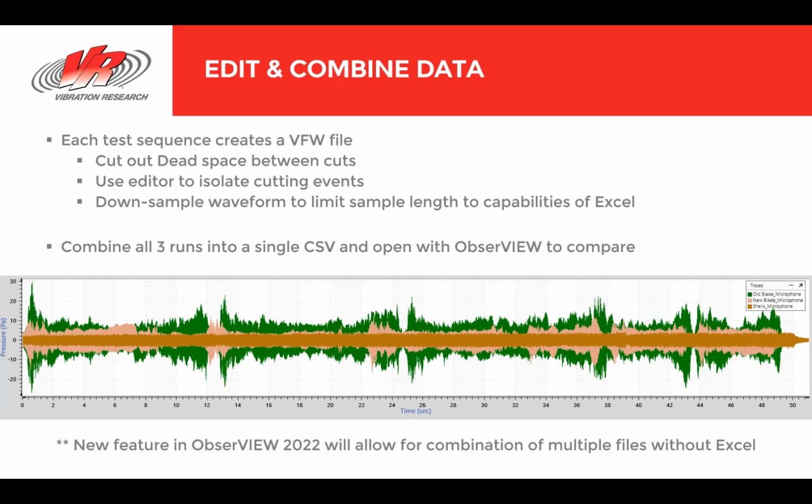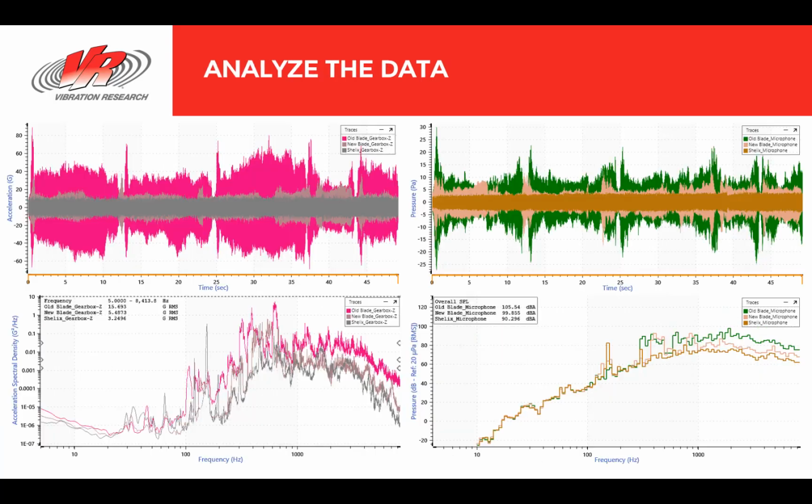for this hardwood. So a few things that are interesting when I look at this data, the PSD levels, you can see that there is a difference on the acceleration measurements. In general, the old blades were much higher. The new blades and the Helix are a little bit harder to differentiate.